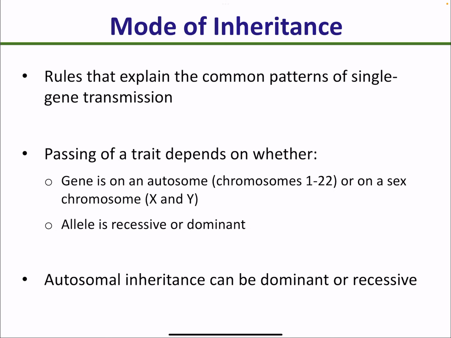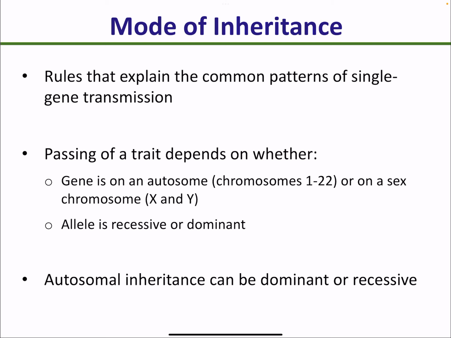Let's move on. So the question we may ask is, when we look at disorders, are these disorders caused by recessive alleles, or are they caused by dominant alleles? This is a very important thing to be able to explain, right?